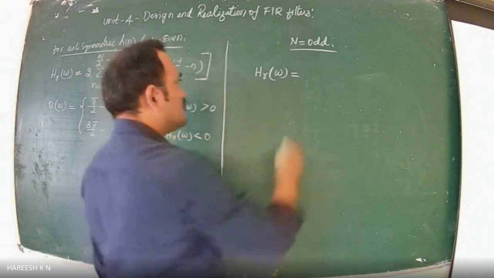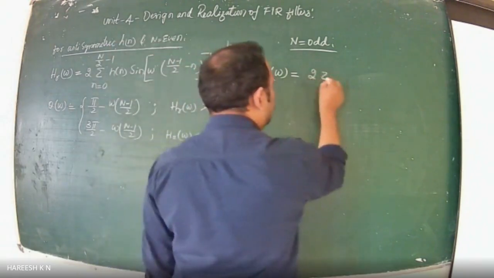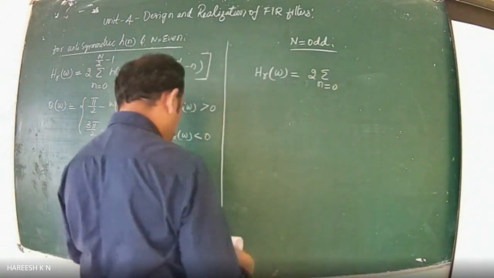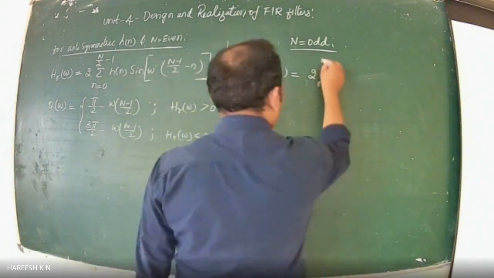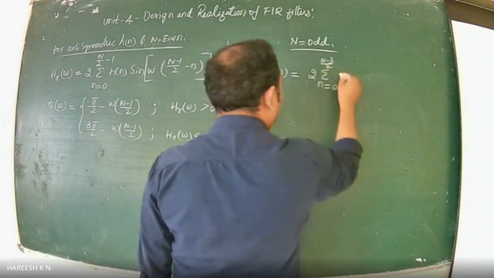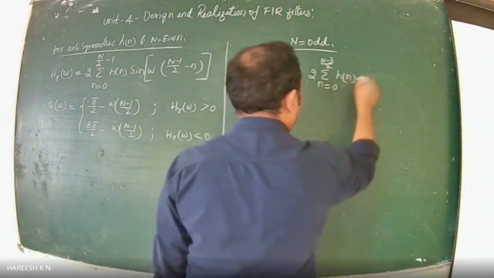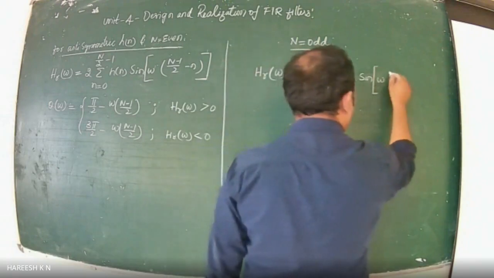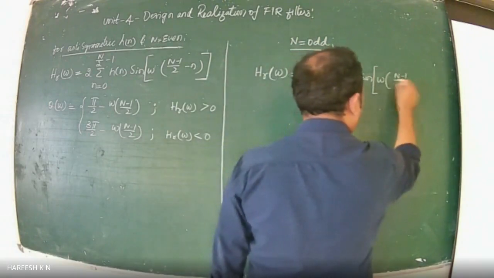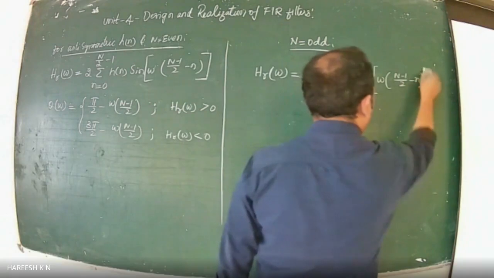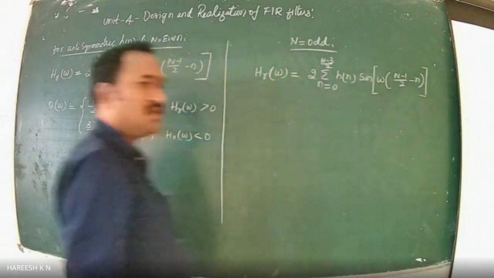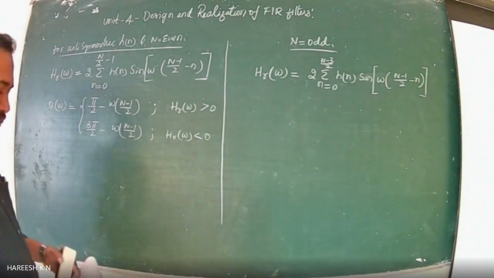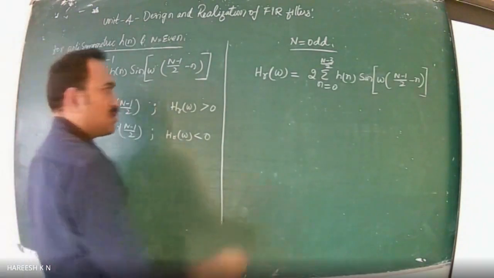Therefore HR of omega is equal to 2 into summation n varying from 0 to (N minus 3) divided by 2 of h of n sine of omega into ((N minus 1) divided by 2 minus n). This is the expression for HR of omega for N odd and antisymmetric impulse response.